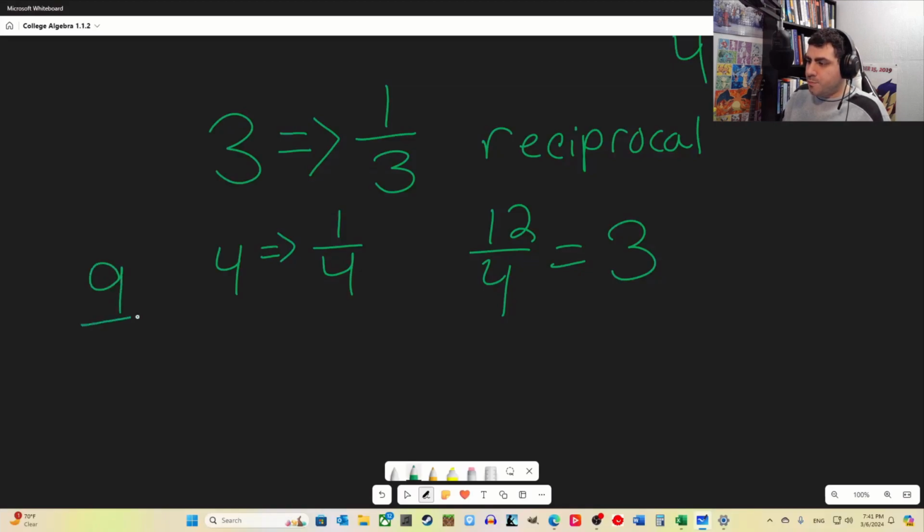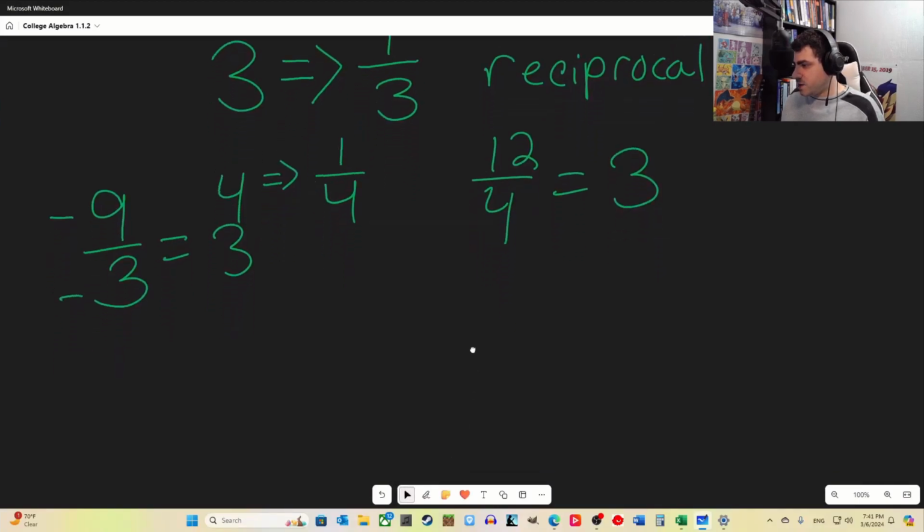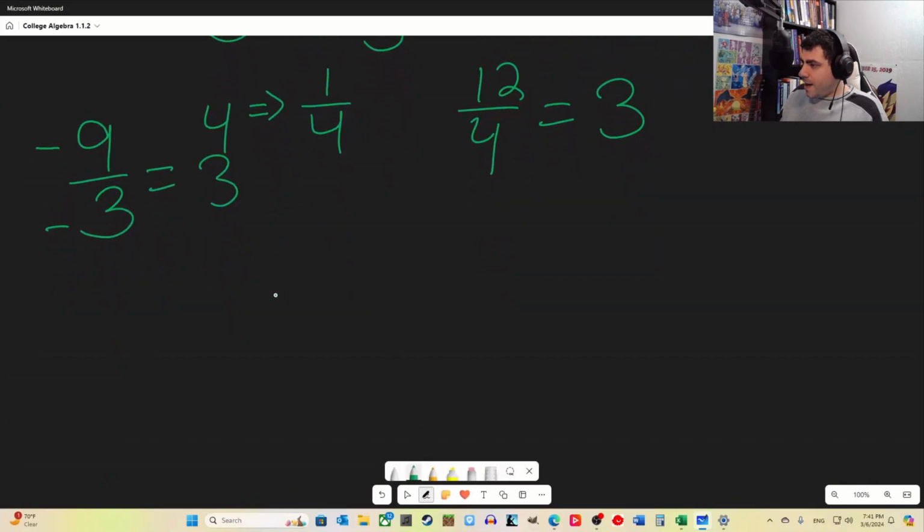If both your numbers are negative, then your quotient will be positive, just like with multiplication. And if we have one of these numbers being negative, then your quotient will also be negative.